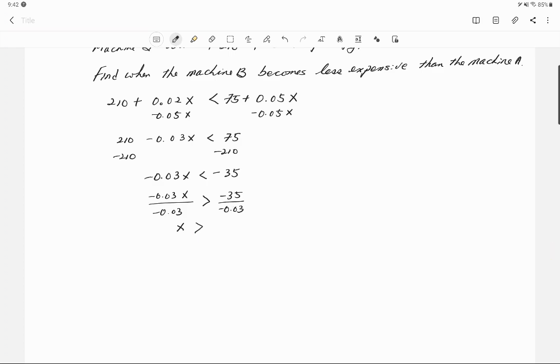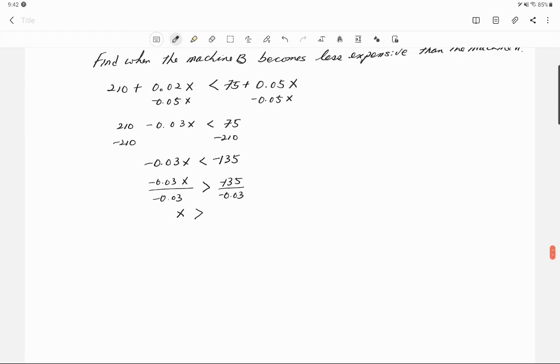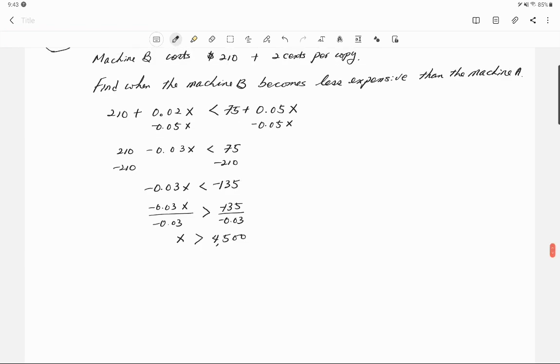The positive 135. Sorry, this is 135. Okay, so this will be 4,500. So if you make more than 4,500 copies, then machine B will be cheaper, right?